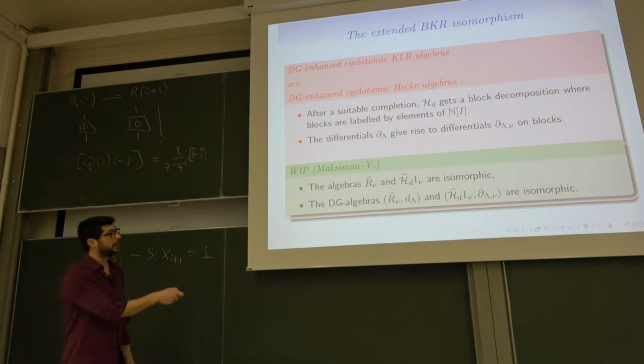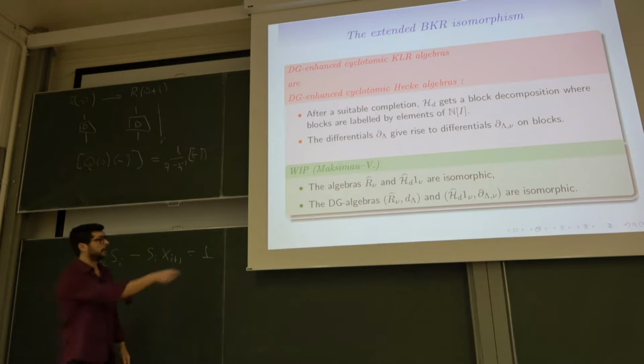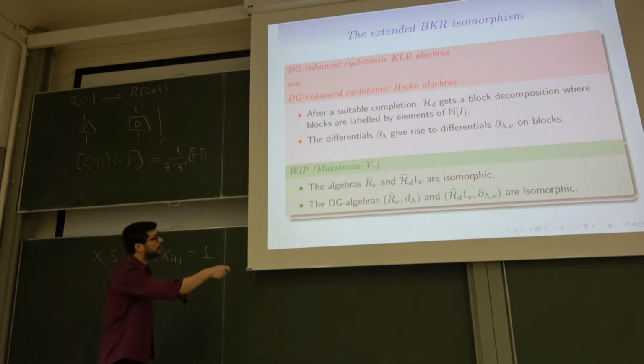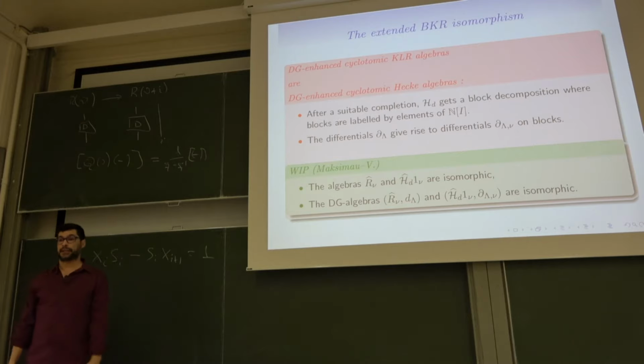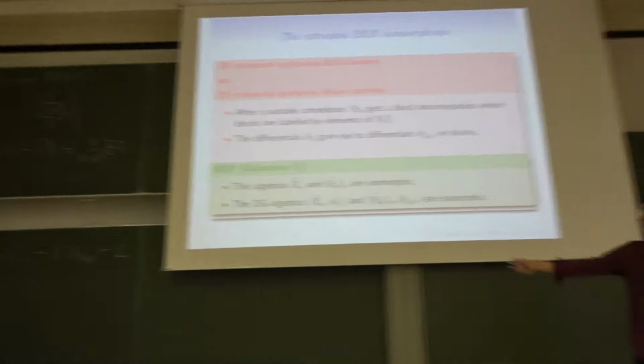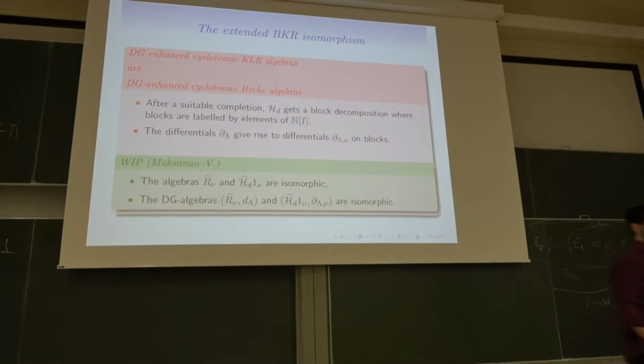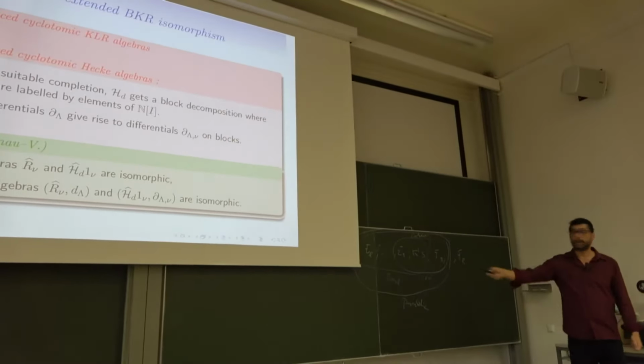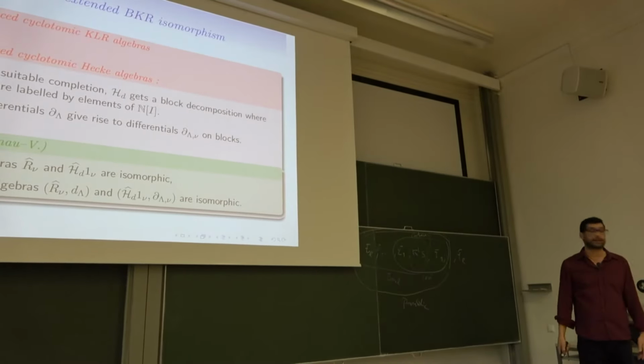And moreover, the next plan is to prove, and this is our conjecture, that they are isomorphic not only as algebras, but as DG algebras. This is harder. We're still working on this, so this is a conjecture. Because the Brundan-Kleshchev-Hu isomorphism is not straightforward, and the algebras are complicated.